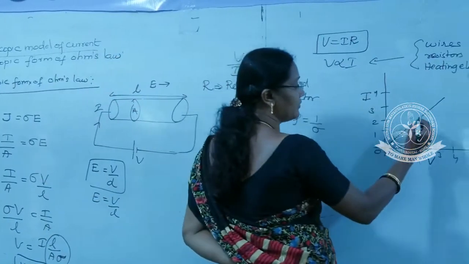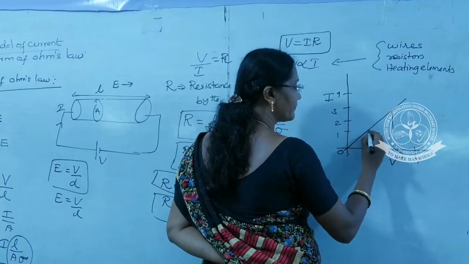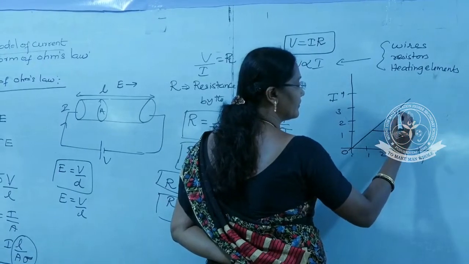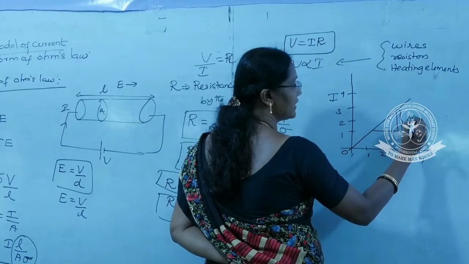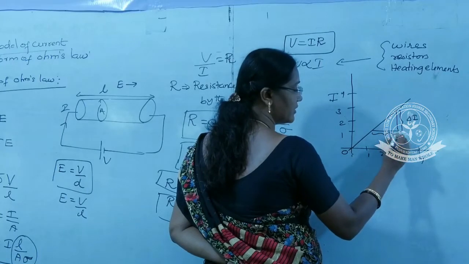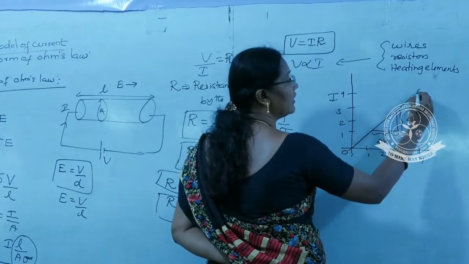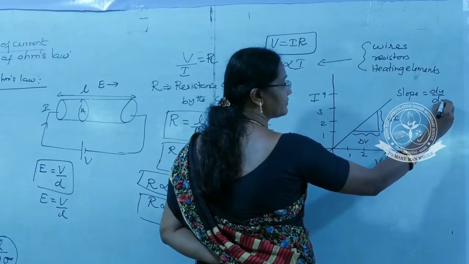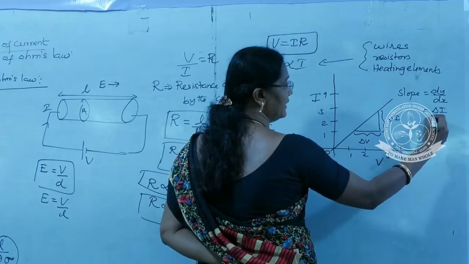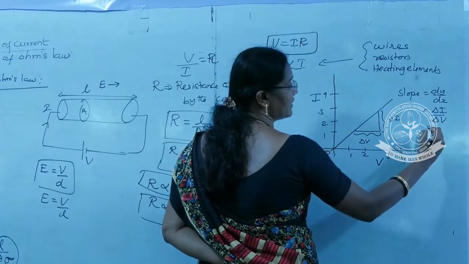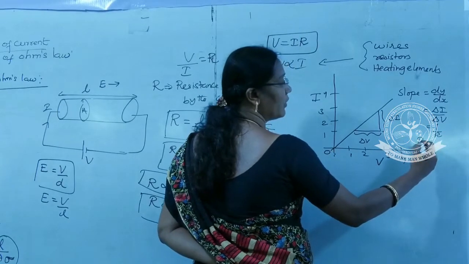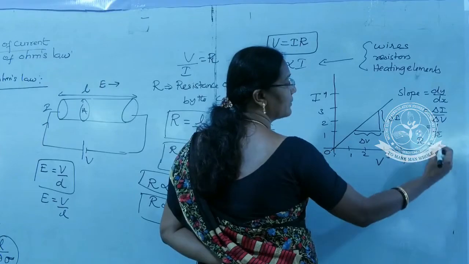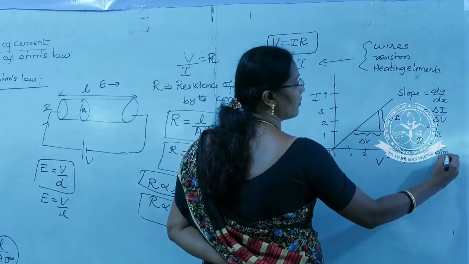In this case, if you take the slope, this gives you the difference in I and this gives you the difference in V, and we all know slope is dy by dx, so del I by del V, and this will give you 1 by R. Or if you want to find the value of R, we can find 1 by slope.